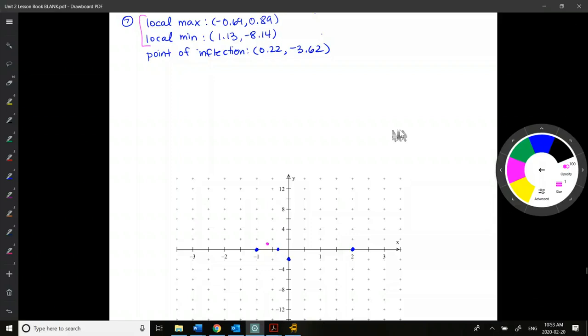And then 1.13, -8.14. Okay, and then point of inflection, I'll do that one in green, 0.22, -3.62.